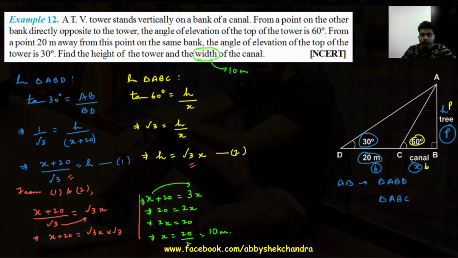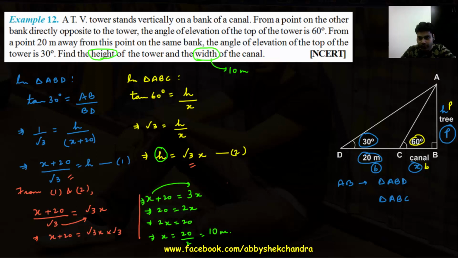Right, now we need to find the height of the tower. In this question we also need to find the height of the tower, which is h, right? So this is what we need to find. And what is h? Let's do it here. Let's choose a different ink.